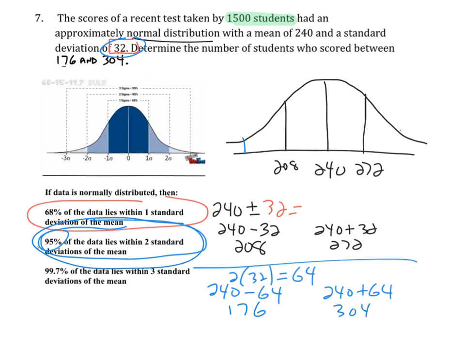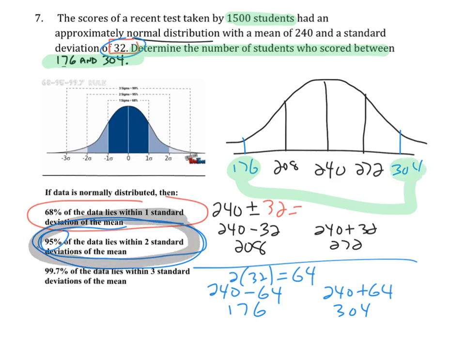And that's going to be important because if you notice what the question says, determine the number of students who scored between a 176 and a 304. Well, since that range is 2 standard deviations from the mean, I know that 95% of the scores are going to be between 176 and 304.